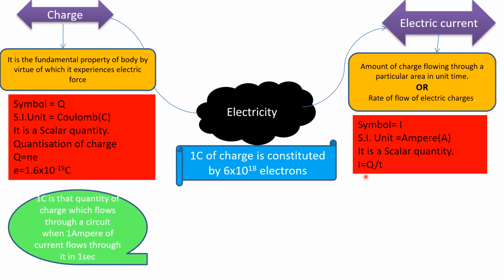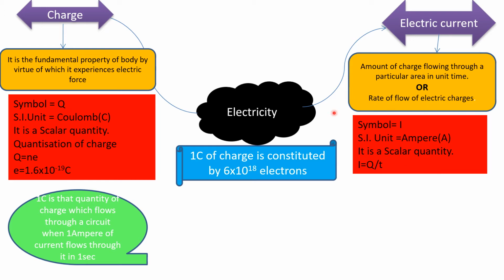So for the formula, first let us know the symbol of electric current. The symbol that we use for electric current is capital I. And the SI unit is ampere, which is named after André-Marie Ampère. So the SI unit is ampere, capital A, the symbol is capital I; the symbol for charge is capital Q, SI unit coulombs. Since charge and time are scalars, electric current is also a scalar quantity.